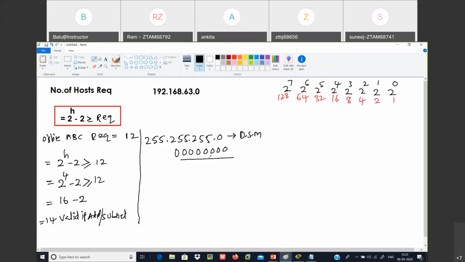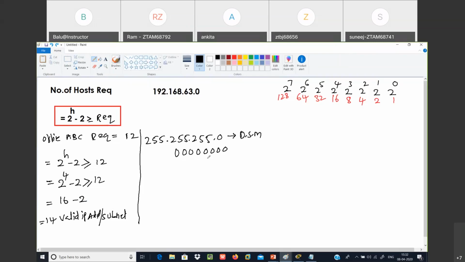Out of 8 host bits, how many bits do we need to convert now? 4 bits, right?